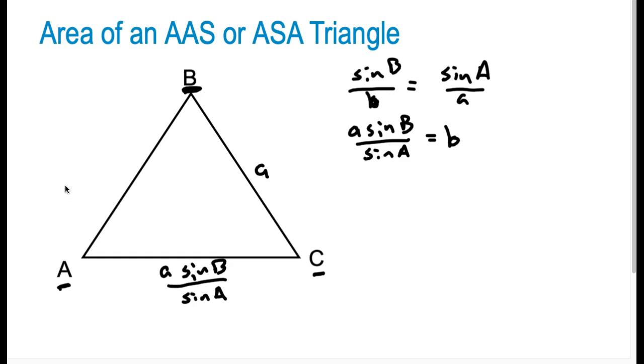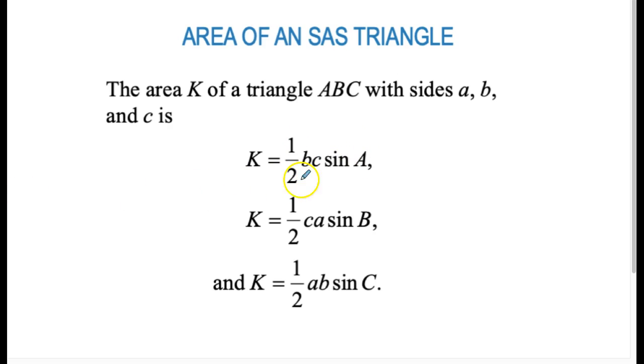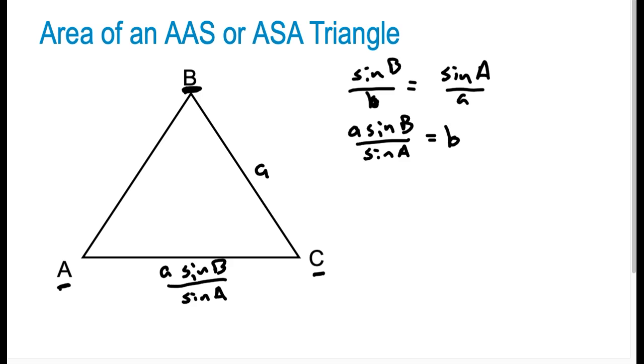Now if we think about using the formula that we already derived, where we talked about finding the height, we can take this formula, K equals 1/2 BC sine of A. Oops, actually that's not the right one, because I said that we were given A. So we actually want to use this one.